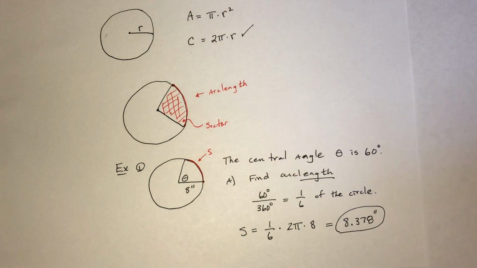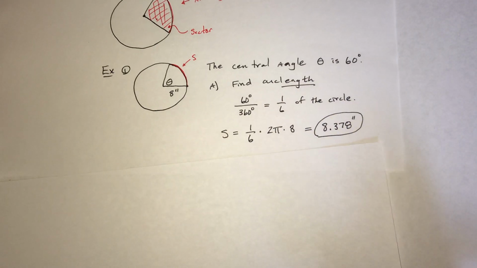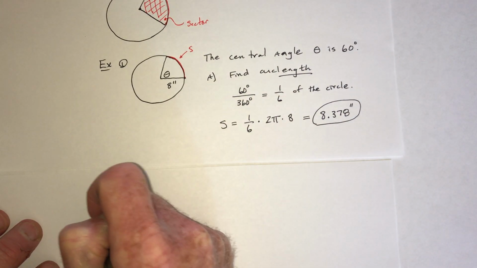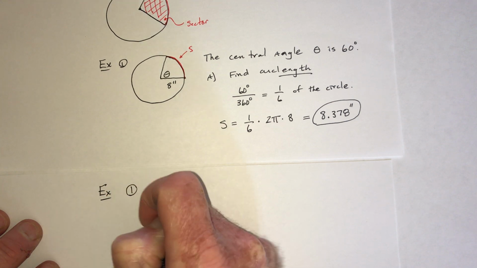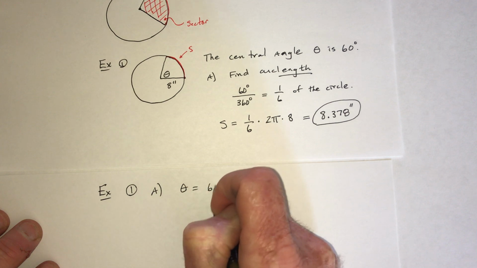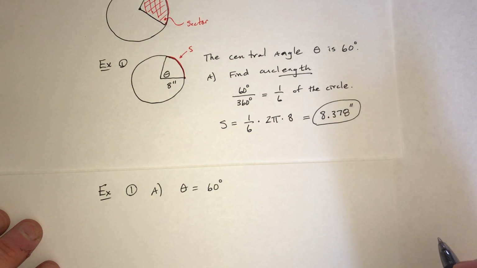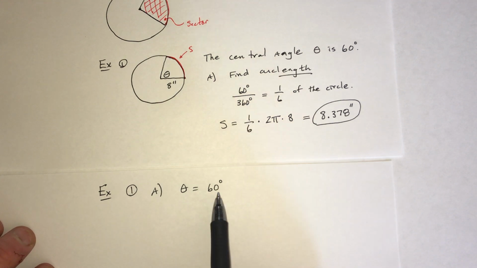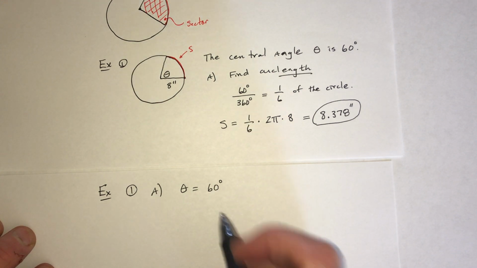Okay, now watch this magic. So I'm still working on number 1, part A. And the theta equals 60 degrees. So I'm going to redo this problem. But instead of using degrees, I'm going to change this to radians.